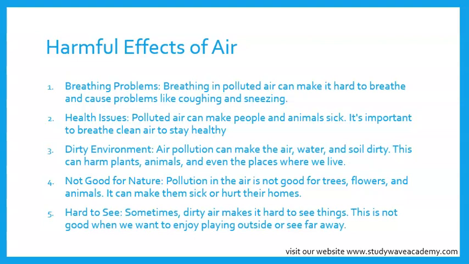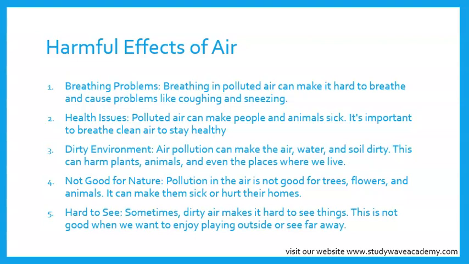Dirty environment. Air pollution can make the air, water, and soil dirty. This can harm plants, animals, and even places where we live. So, when the air is polluted, it affects the water and the soil.